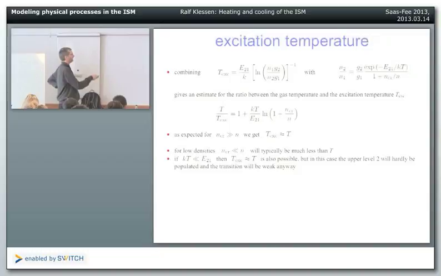Then we need to ask, what is this thing? If this is small, then this can compensate this large factor. So typically we have that the excitation temperature is much smaller than the gas temperature because this gives a large factor if this is of order unity, say.